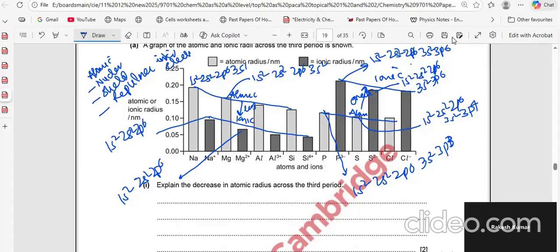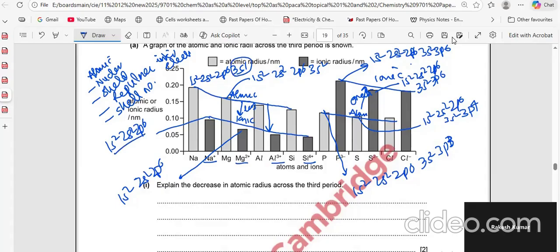Now, what's the difference? Let me explain. First, of course, there is the shell number also. So first, the nuclear charge. The first pattern you observe is in Na+, Mg2+, Al3+ and silicon: it reduces the ionic radius. Now, this is quite obvious. There is one shell here, 3s1.